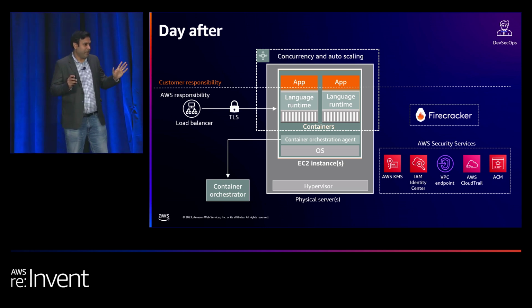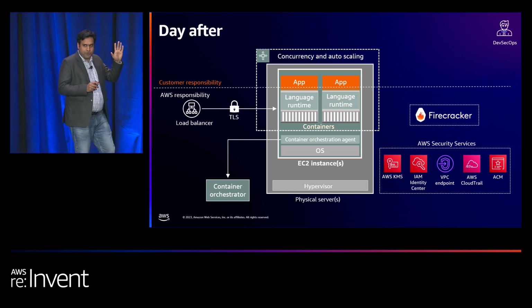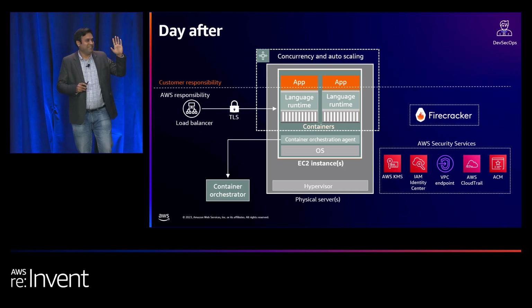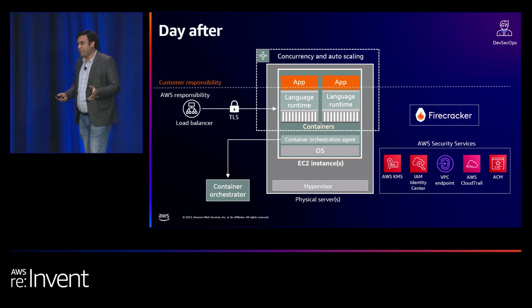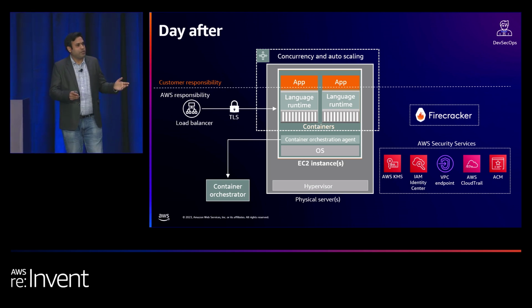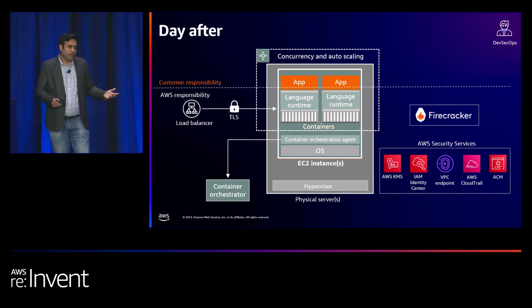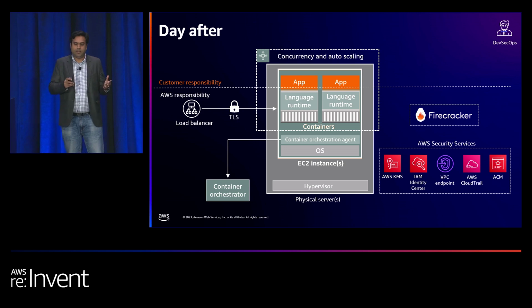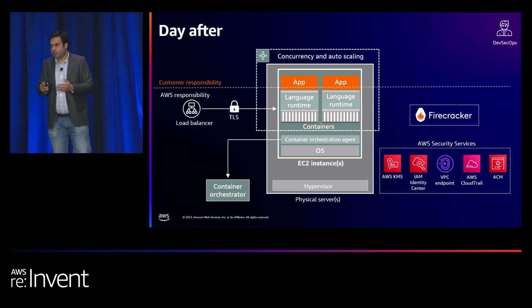AWS CloudTrail. How many of you are familiar with CloudTrail? Nice. So CloudTrail provides you audit logs and reports. The request that you received in App Runner, the response that you send back from App Runner, everything is audited and streamed into CloudWatch logs.